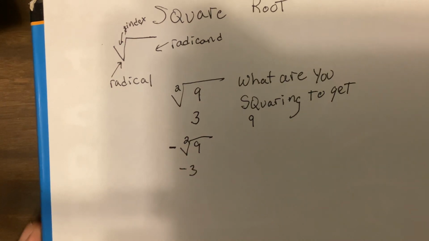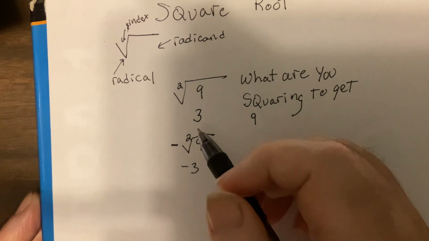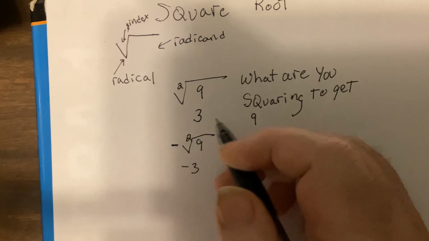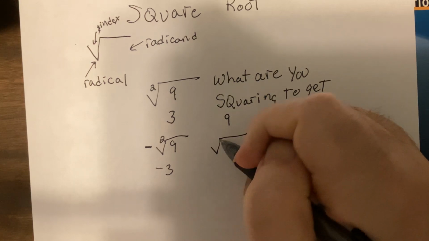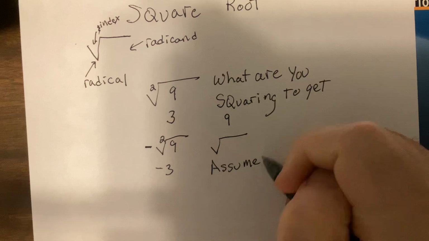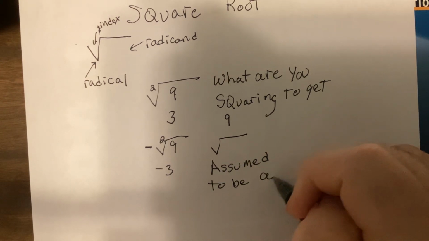Now, we use the square root so much, probably about 97% of the time or more, that we don't put the index. If you see a radical without an index, it's assumed to be a square root.